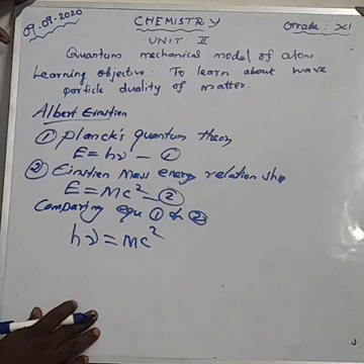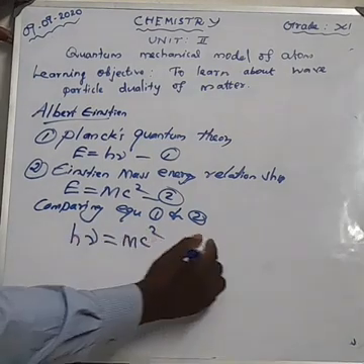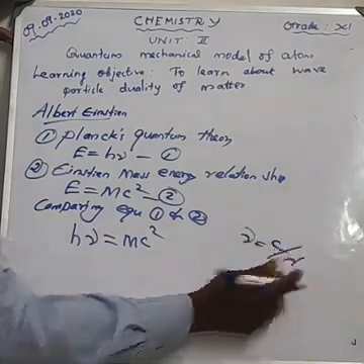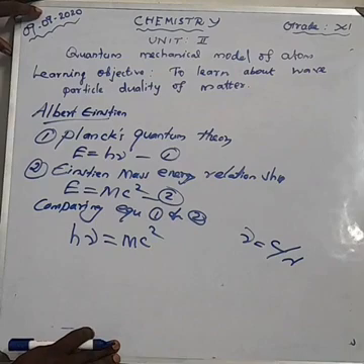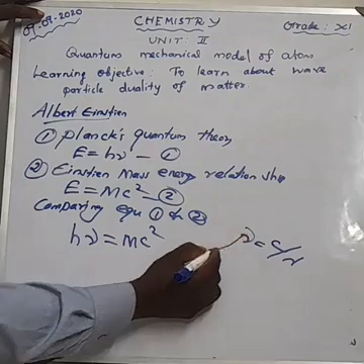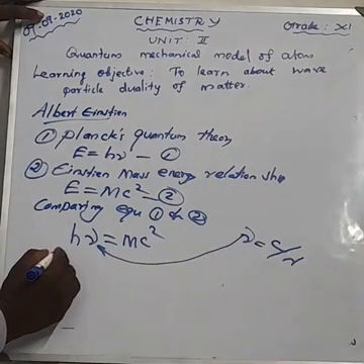Here first of all we learn about nu. Nu is equal to c by lambda. So we are substituting the frequency nu into the above equation. So what will you get?